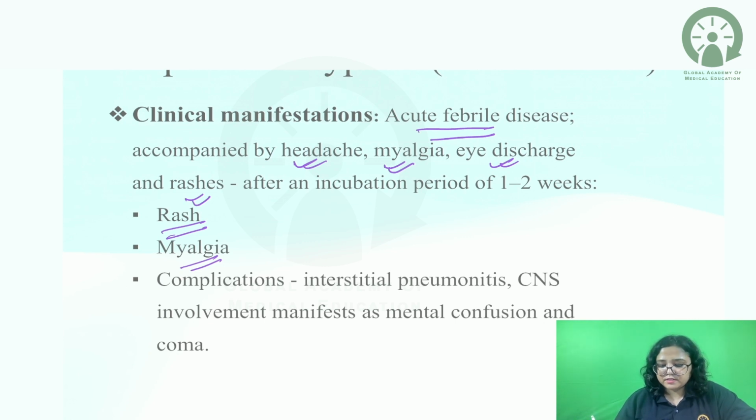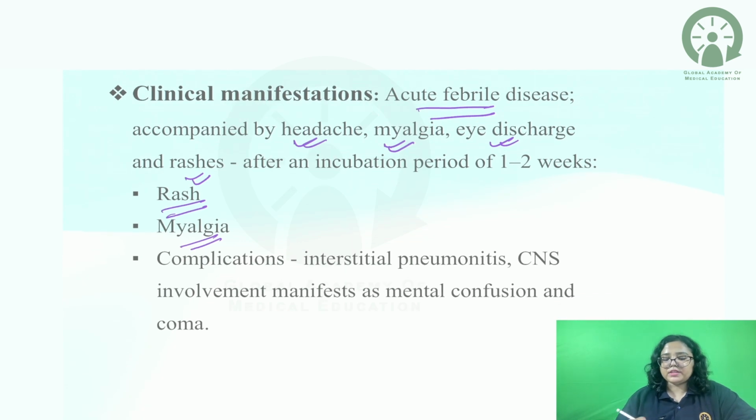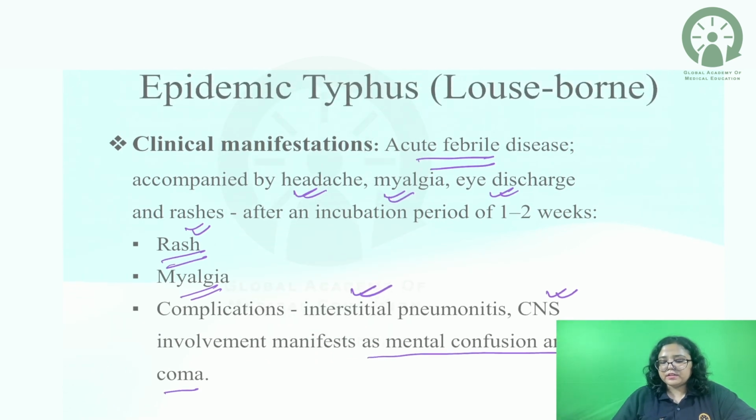So the myalgia is very severe, and complications can include interstitial pneumonitis and CNS manifestations such as mental confusion and coma. Here I would like to mention that the term typhus actually means the comatose state. It is the drowsy or comatose state that a patient results in, and from that the nomenclature of typhus has been derived.